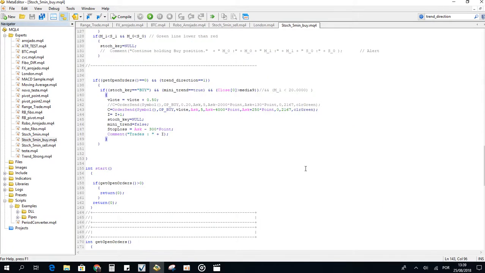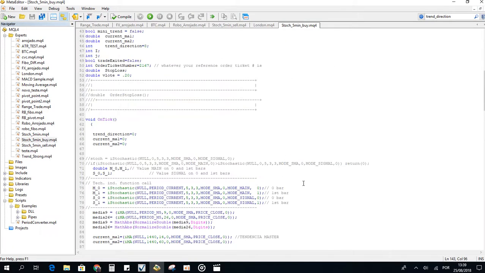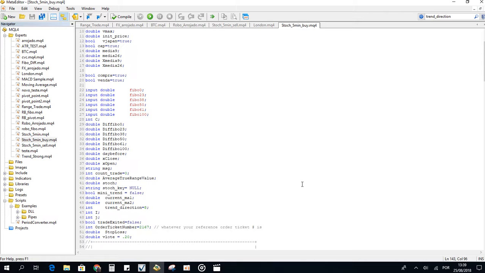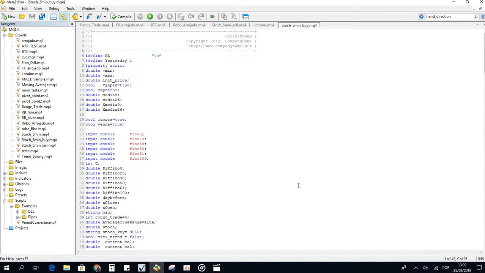Before that, let me just show you the script, the language MQL4. MQL4 is a language to write expert advisors.